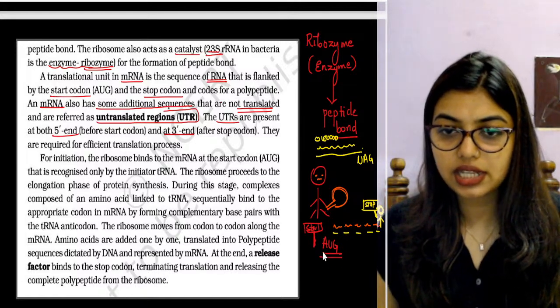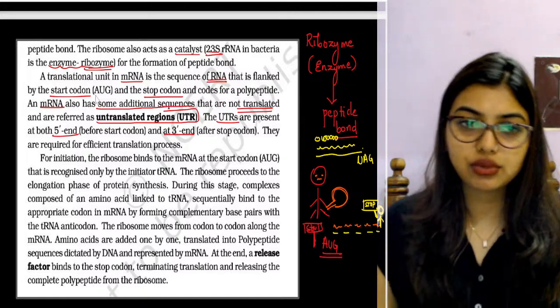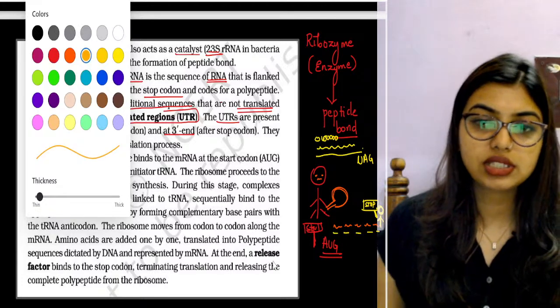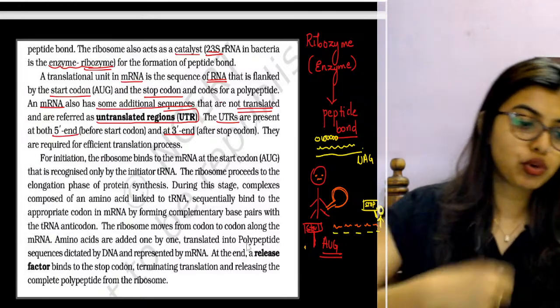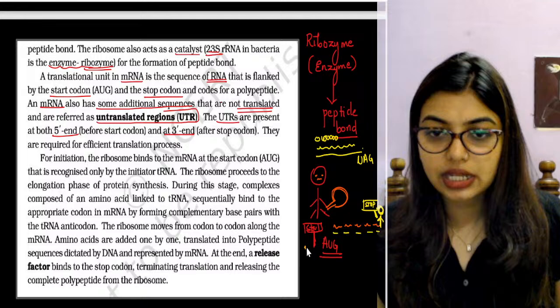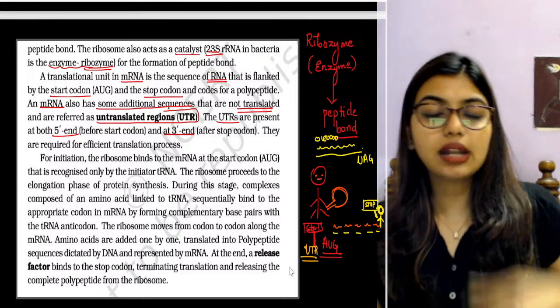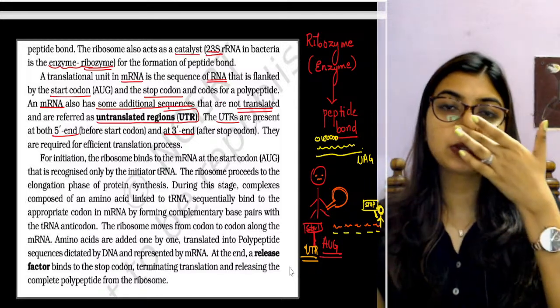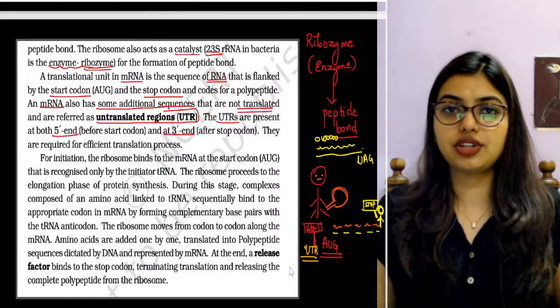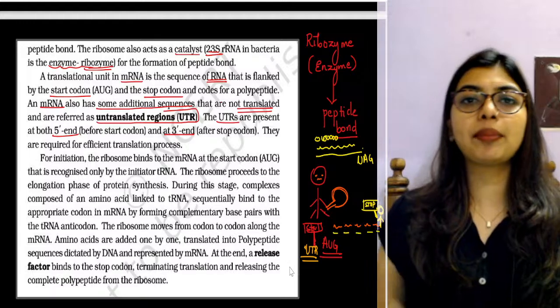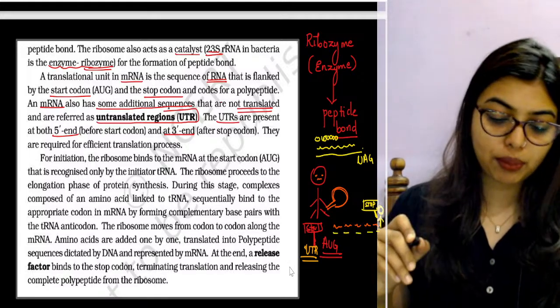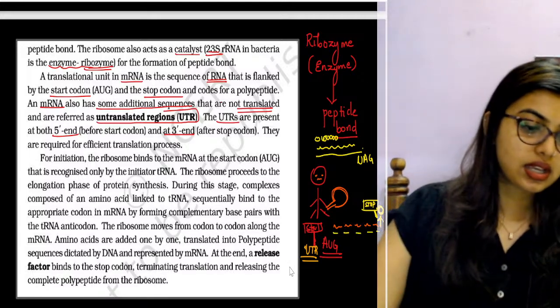So that start sign was AUG. Before AUG, there was one more set of motivation that he had to start. That was because of your UTRs, the untranslated regions. These untranslated regions are present to increase the efficiency of translation. So that stop happens, start happens, everything is going properly. Got it?